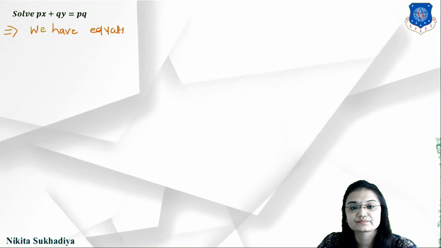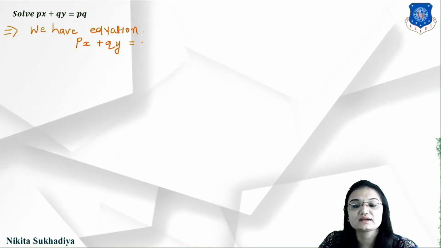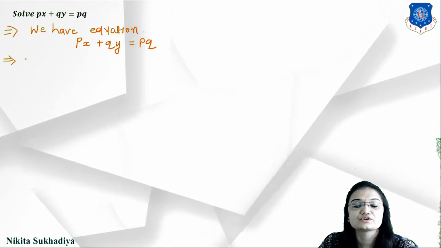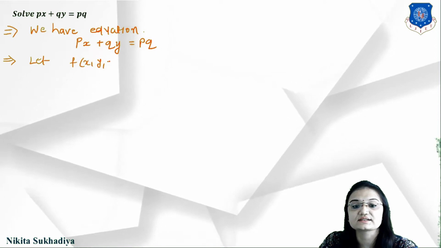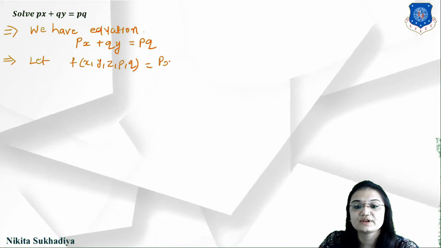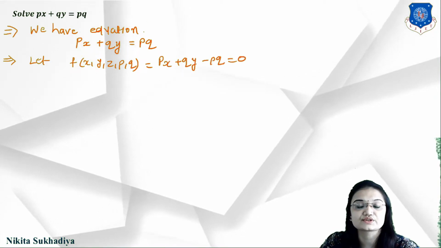So here we have the equation px + qy = pq. Let the equation f(x, y, z, p, q) = px + qy - pq = 0.